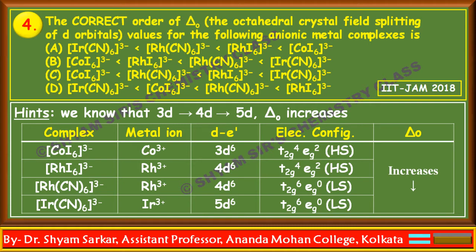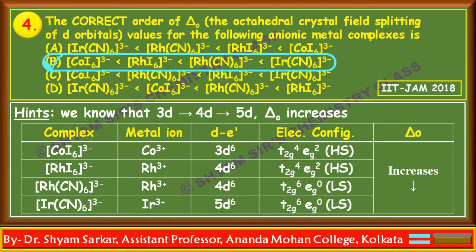So the electronic configuration is t2g6 eg0. Now we know that delta O value increases from 3d to 4d to 5d. Hence the energy will be increasing from [CoI6]3- to [Ir(CN)6]3- in this order. So this matches with option B. So option B is the correct answer here.